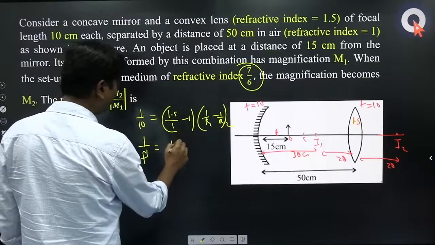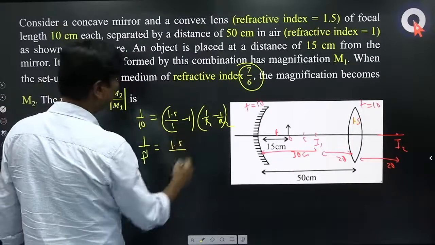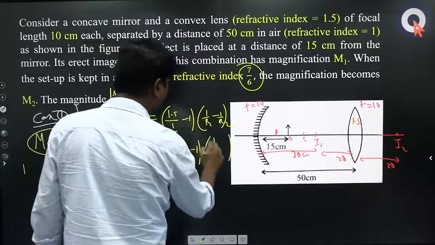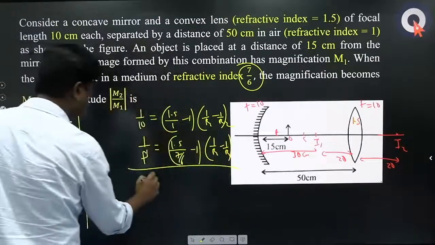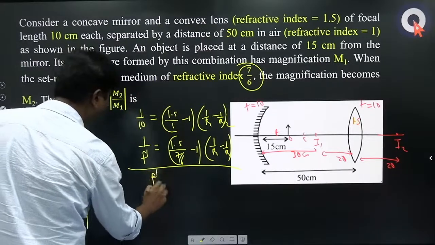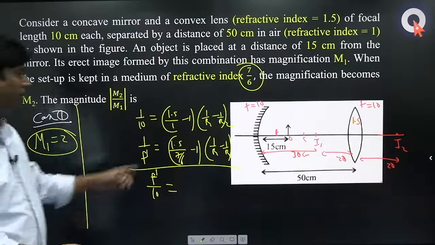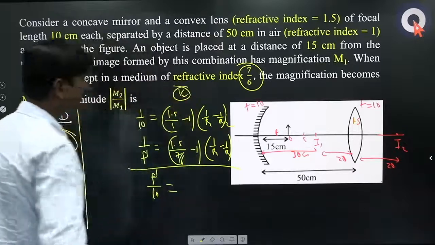Next you want the new focal length f dash, which is equal to, again it is made up of 1.5 only, by which medium you are keeping, that is 7 by 6, minus 1, into the same bracket 1 by R1 minus 1 by R2. So you can divide these two: f dash by 10 is equal to, this is 3 by 2 minus 1, so this value will be 1 by 2, right?